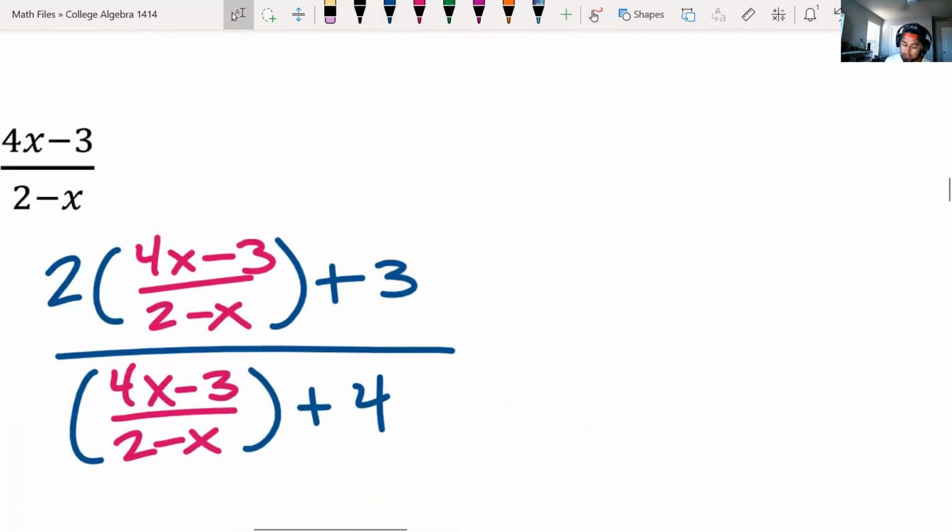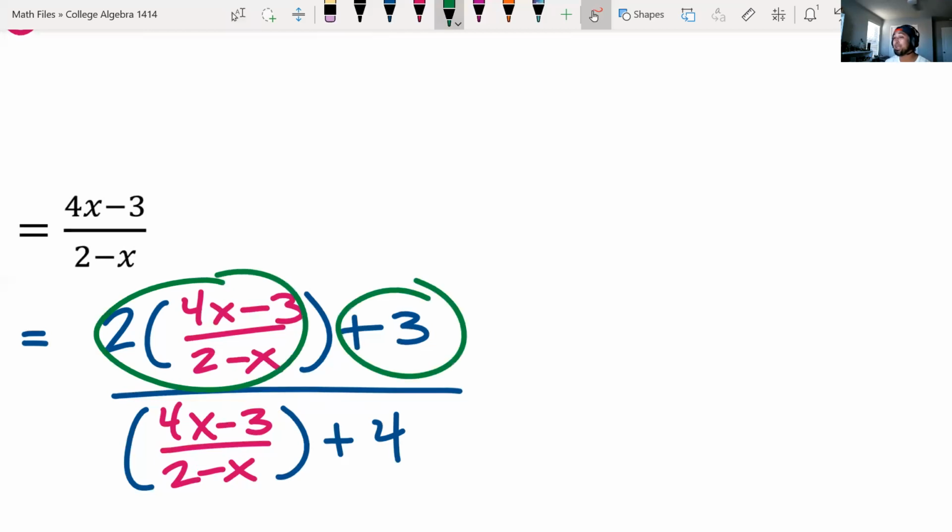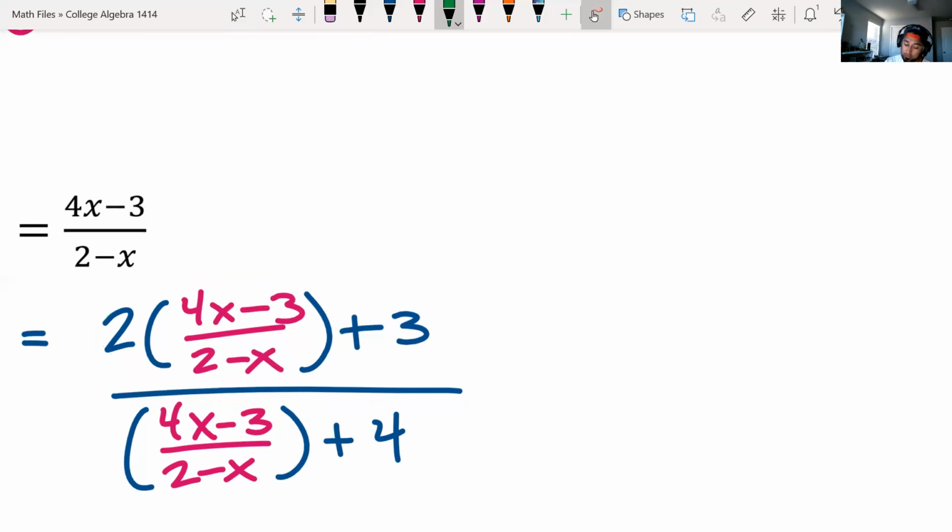Now let's go ahead and simplify. We're going to need to clean up the numerator and the denominator. So we need to put these two terms together, meaning we need a common denominator. So we're going to put 3 over 1 and multiply by 2 minus x over 2 minus x.